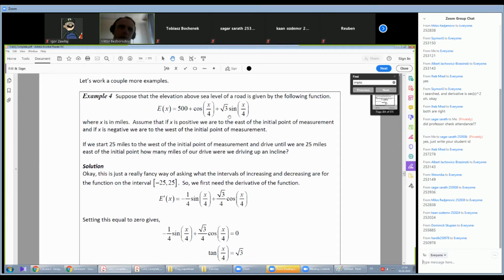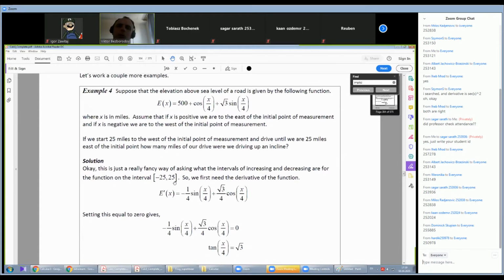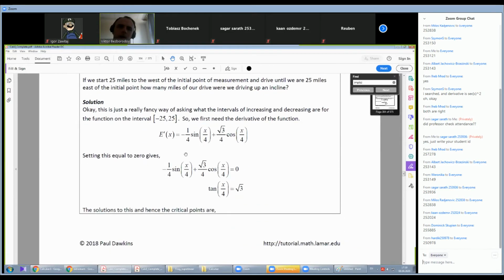Okay, so there is a formulation. But let's say that we immediately look at the simplified formulation when the function is increasing and decreasing on this interval. So we'll find the derivative, solve when it's 0.